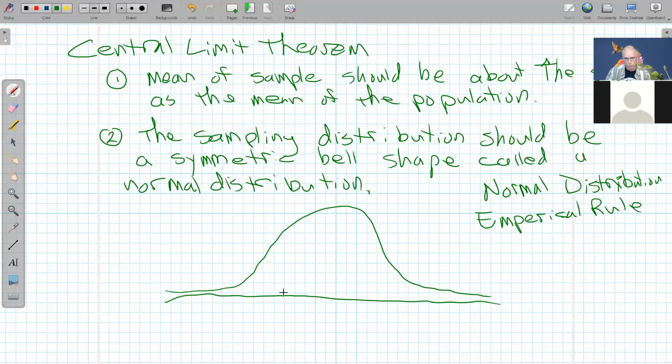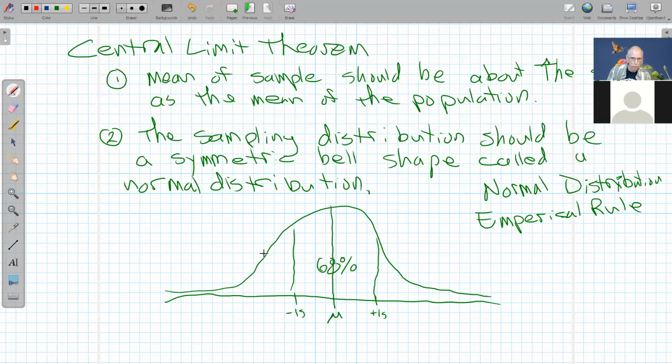What the empirical rule says is in this symmetric bell shape we call a normal distribution, we have our mean right in the middle of it. It's symmetric. And then if we go one standard deviation to the left, go one standard deviation to the right, then in this range right here, we would expect to find about 68% of the data.